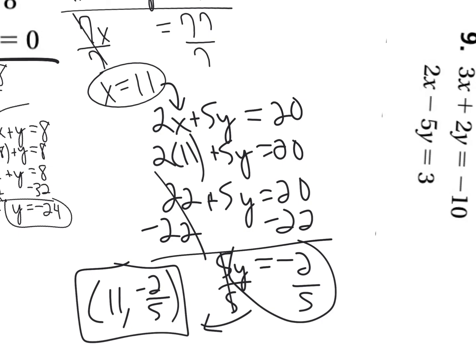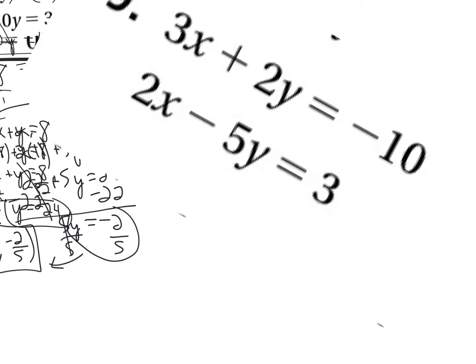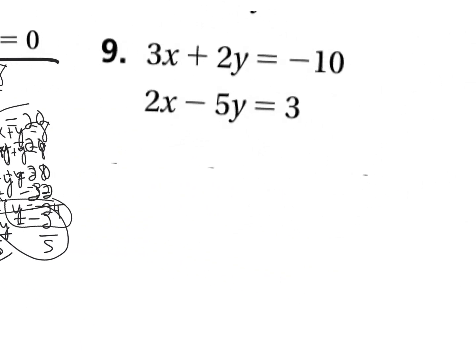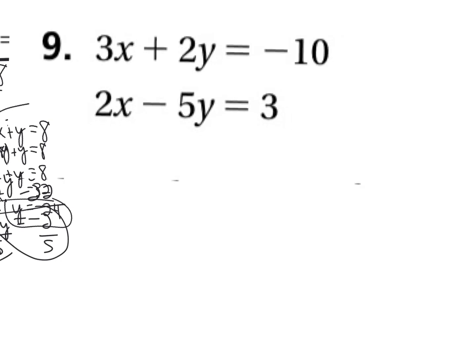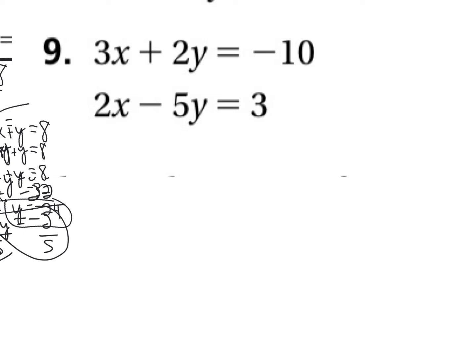And then number 9, this one, we're getting a least common multiple, which is kind of like getting a common denominator. So with 2 and 3, we could use 6 as a common denominator, which is really just our common multiple here.